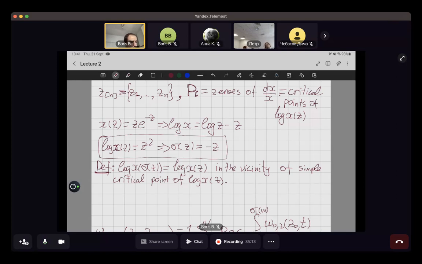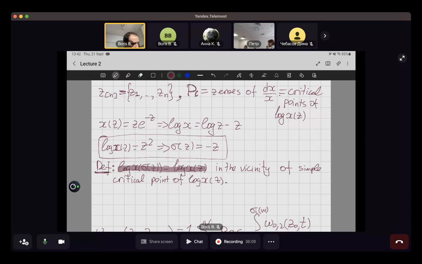Petya already said that near a simple critical point, you could choose a local coordinate, say w, such that log x of z is equal to w squared, and then sigma of w is equal to minus w. In real computations it's usually a bit harder, and you have to somehow solve these equations to understand who is this sigma, but nevertheless.